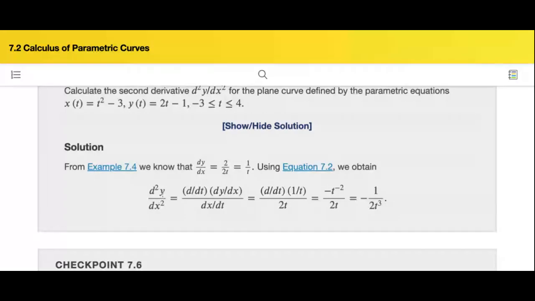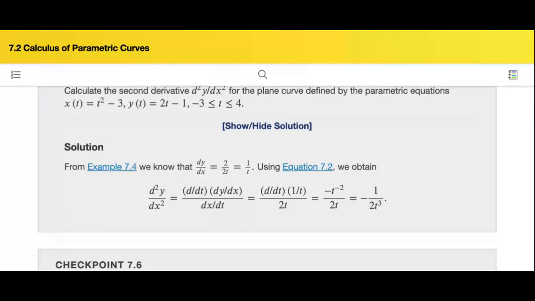So let's go back again. d squared y over dx squared is d over dt over dx/dt of dy/dx. Let's think about it in a better way. d over dt means we're taking the derivative in terms of t, since t is the variable.